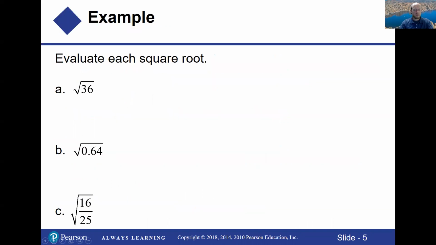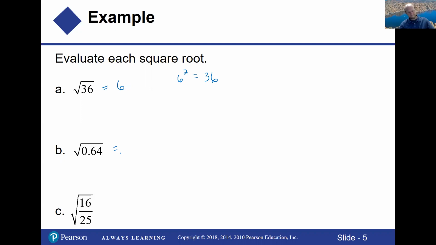All right, let's evaluate some pretty simple square roots. The square root of 36. So again, you're asking what two numbers that are the same multiply to give you 36, and we know that that is 6 because 6 squared is equal to 36.